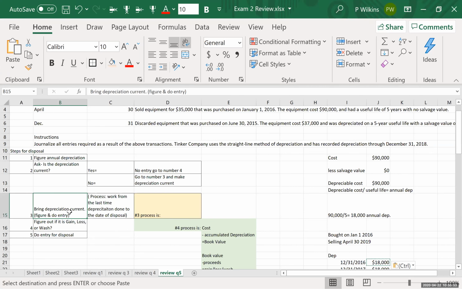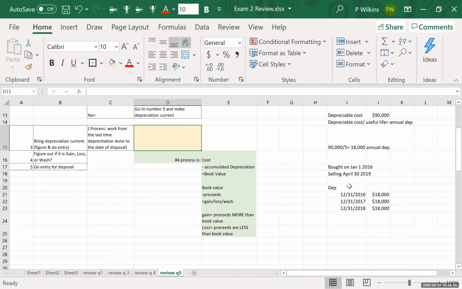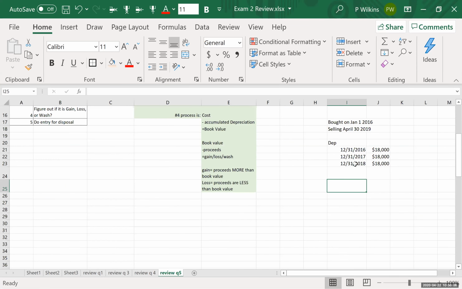So what you do to bring the depreciation current is you work from the last time depreciation was done to the date of disposal. Last time it was done till the date of disposal, okay? So last time it was done was 12/31/2018, right? So we need to do depreciation for what?